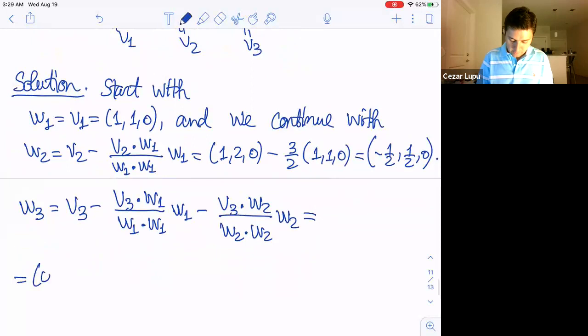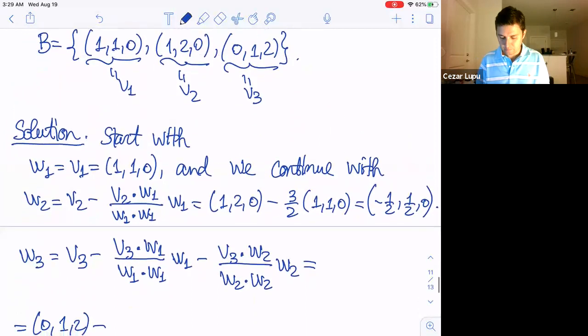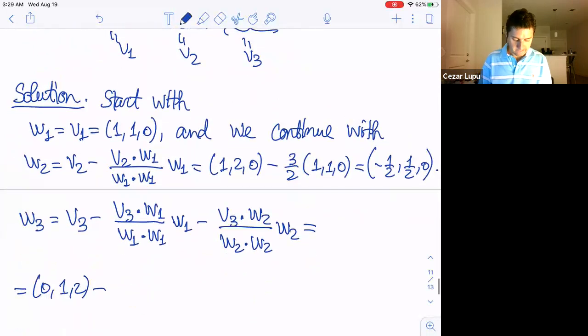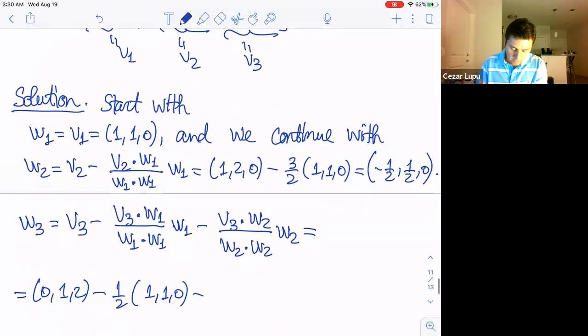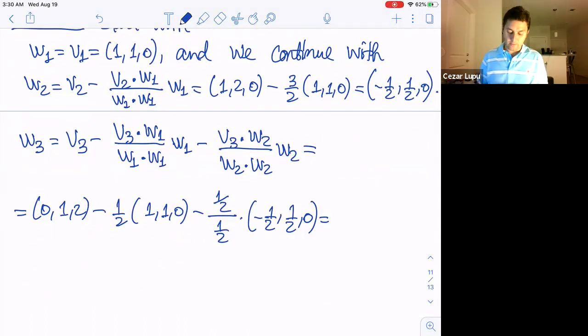It will be 0, 1, 2 minus 1/2 times 1, 1, 0, minus 1/2 times W2, negative 1/2, 1/2, 0. Okay, great.